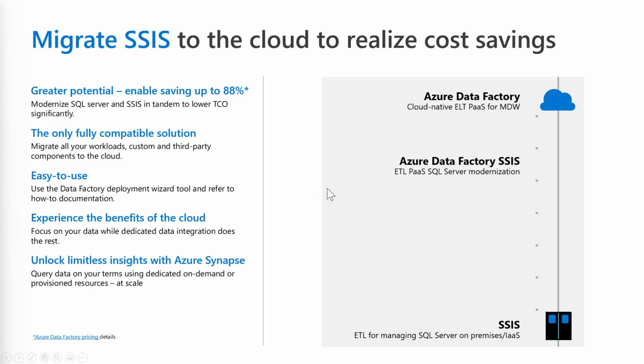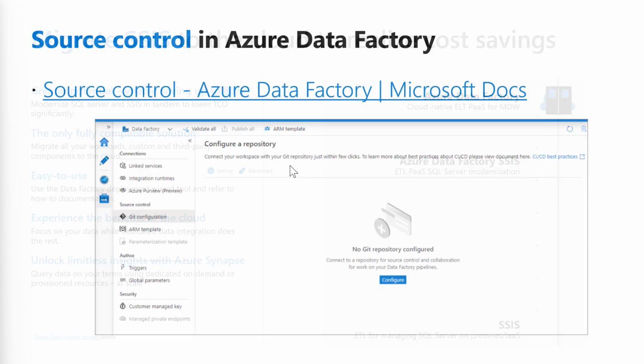Azure Data Factory makes it so easy for you to migrate your on-premise SSIS packages to the cloud through the integration runtime. Lastly, the Git integration allows you to achieve change management, source control, or CI/CD goals.